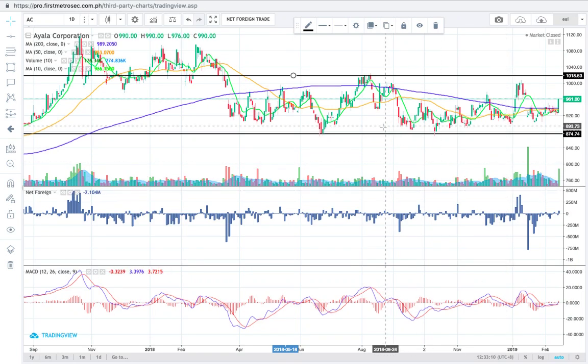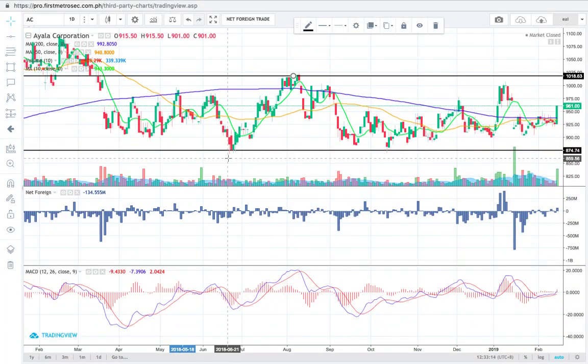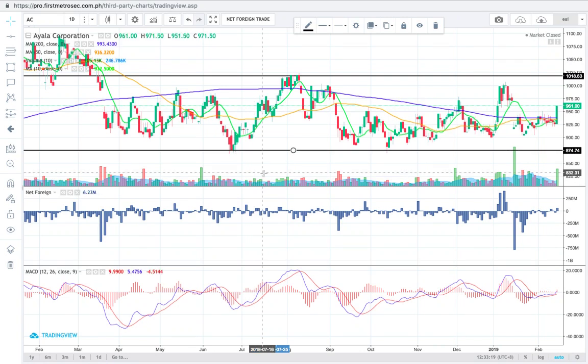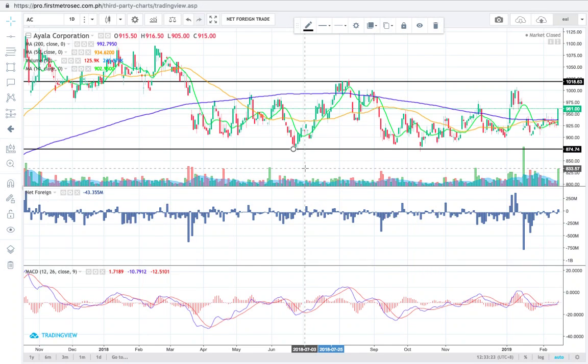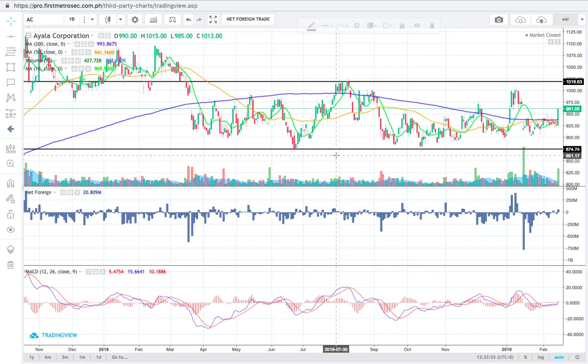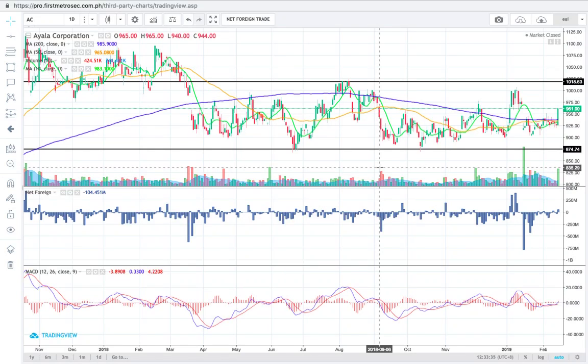So when you plot your own support, you might plot it somewhere near here, and that changes the value. But again, we're only trying to get the range, the specific level, an estimated level, not a precise price point. So if your support level is at exactly 874 pesos without the 74 centavos, don't worry, you did not do anything wrong.